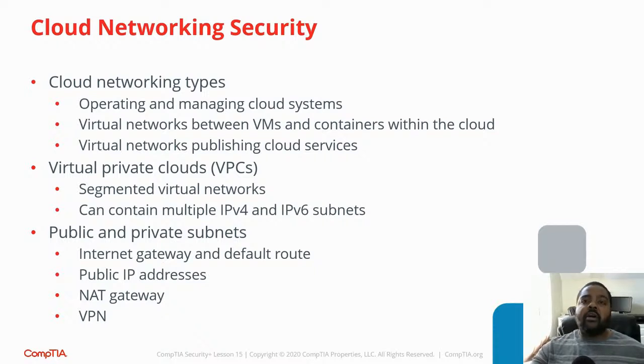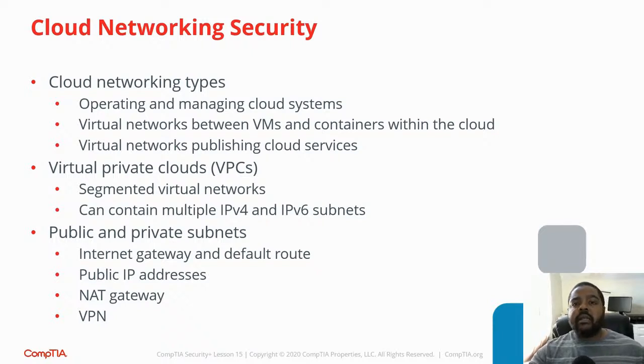We want to do it like we do a physical building. The marketing department has a set number of addresses, and the legal team has a set number of IP addresses. So we want to do the same thing in our cloud environment and separate these IPs out.